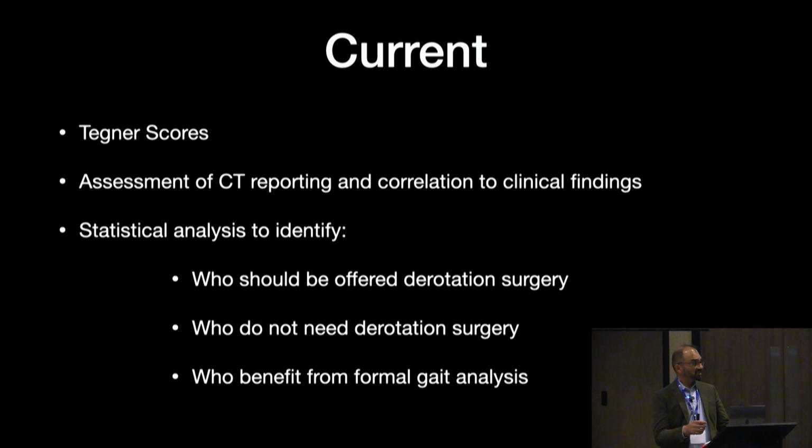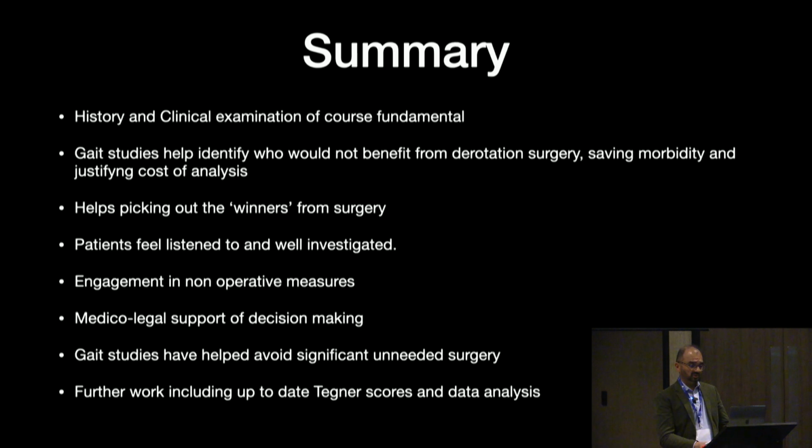And formal gait analysis picked up a load of things. Maybe there's only a bit of the gait analysis that we need. That can be, and they are smaller systems you can have in a clinic. So that's the current way forward.